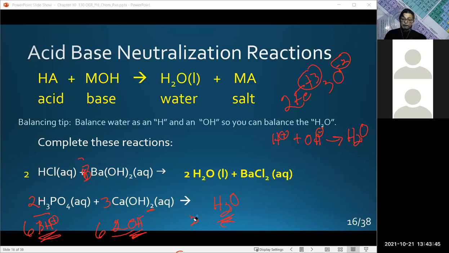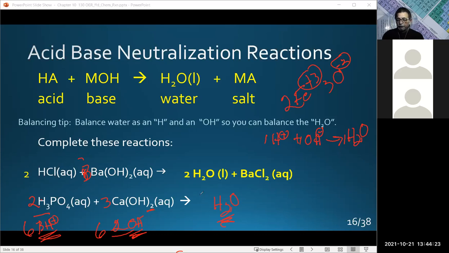Okay. And the point I was trying to get when I said a billion was this. It's a 1-to-1 ratio. You got to grasp that concept. When we start working calculations, these ratios are going to be very important. And so if I have 1 proton and 1 hydroxide reacting, I get 1 water. That means I can take that 1 and just multiply by a quadrillion. So if I got 1 quadrillion protons, I need 1 quadrillion hydroxides, which will make me 1 quadrillion water molecules.